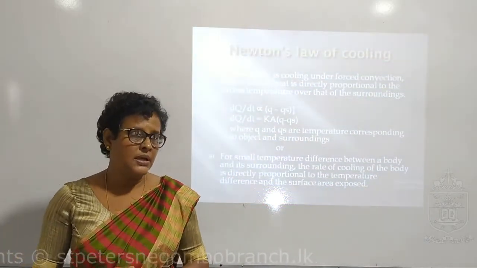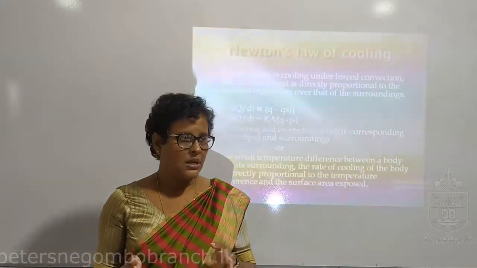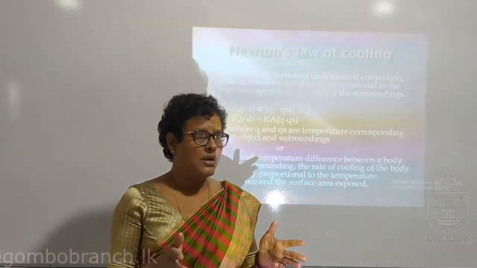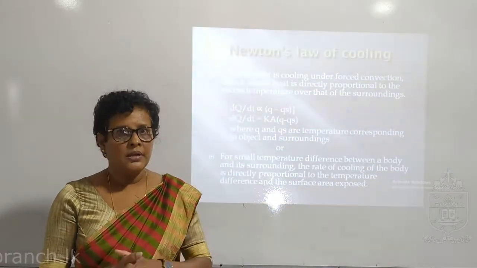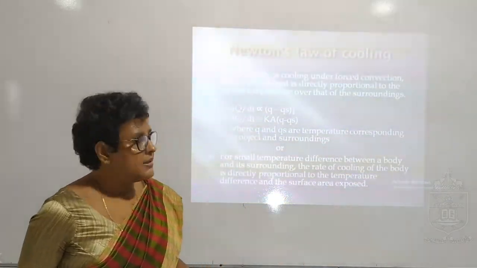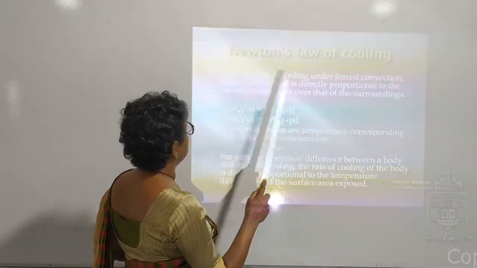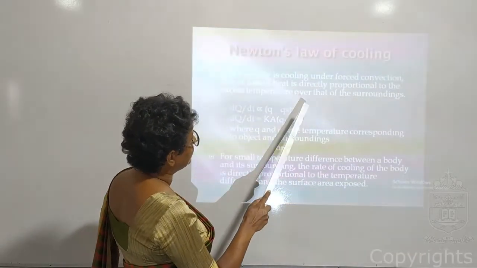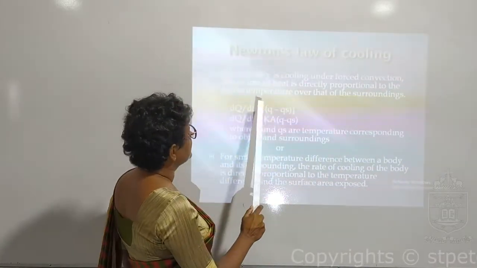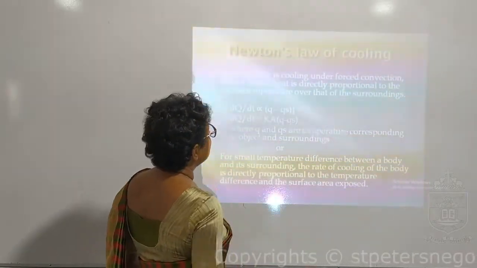Excess temperature is the difference between the surroundings temperature and the object, right? So this is Newton's cooling law. When a body is cooling under forced convection, the rate of loss of heat is directly proportional to the excess temperature over that of the surroundings.